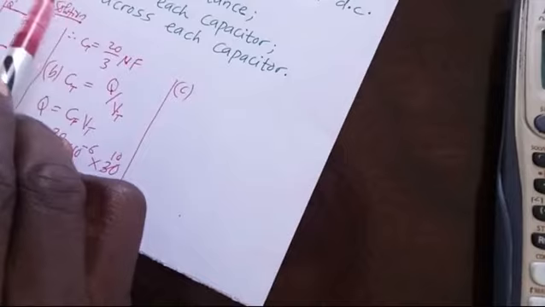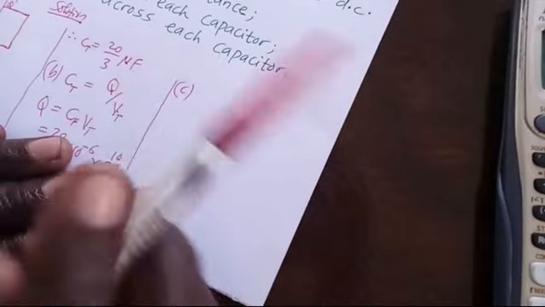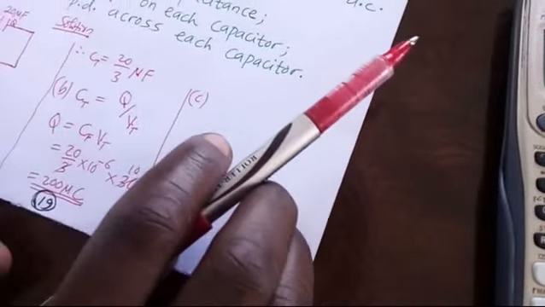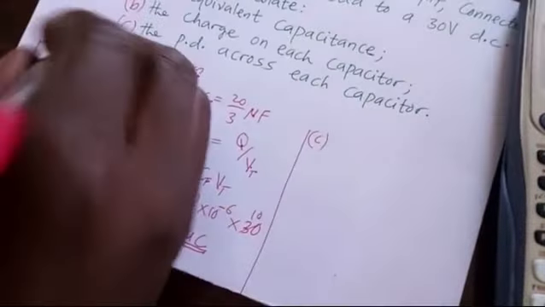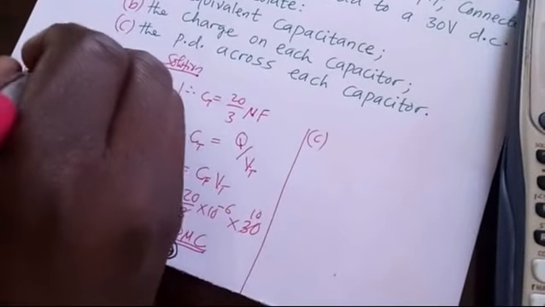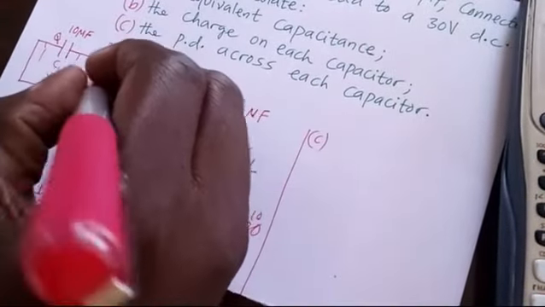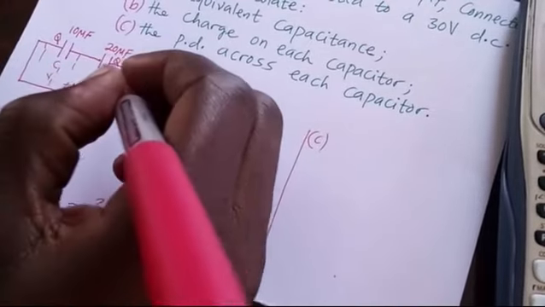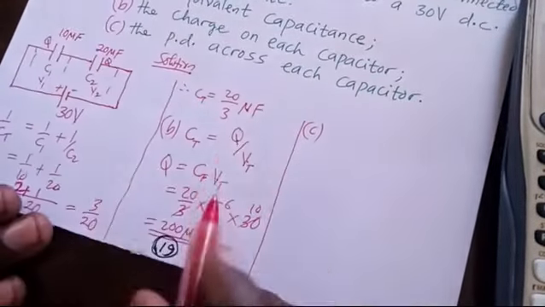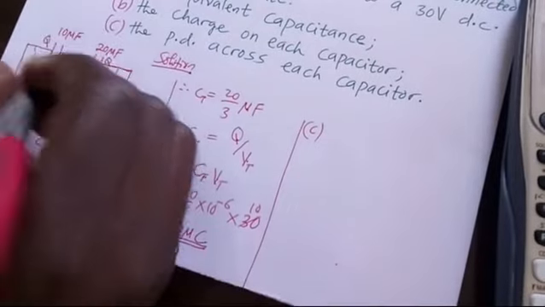Great. Now for C, we should get the PD across each capacitor. Remember the PD across this capacitor is V1, and across the other you can call V2, and then you can apply this formula to each individual capacitor.